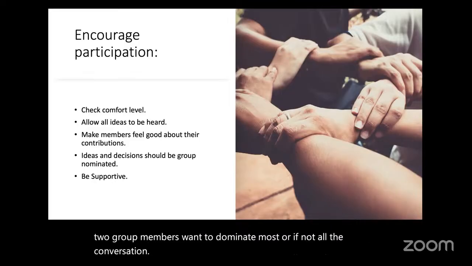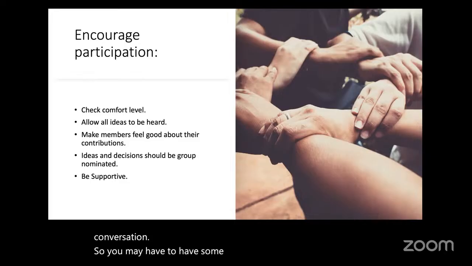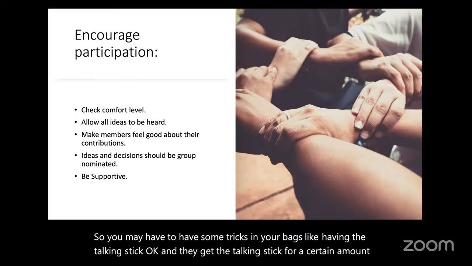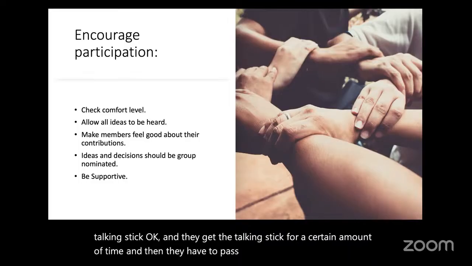So you may have to have some tricks in your bag, like having the talking stick. Okay, and they get the talking stick for a certain amount of time and then they have to pass the talking stick on. That's a common one.